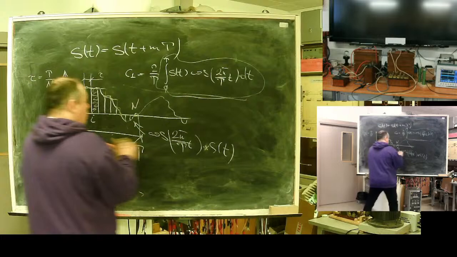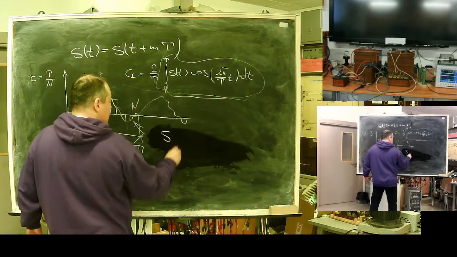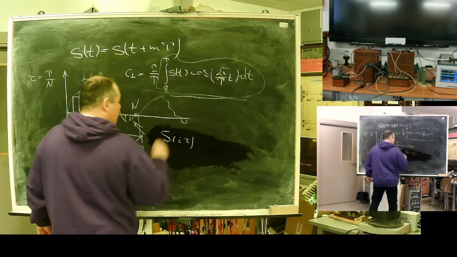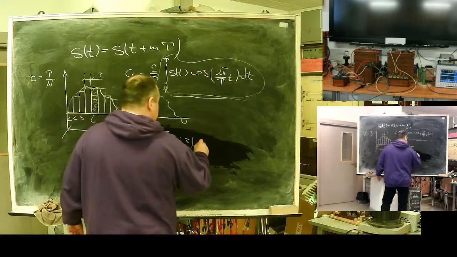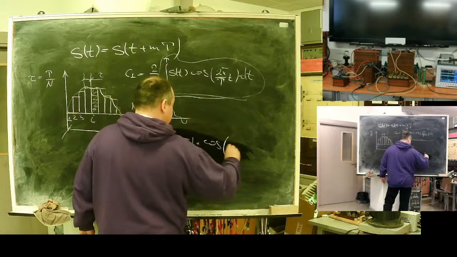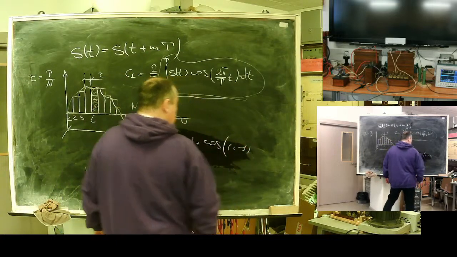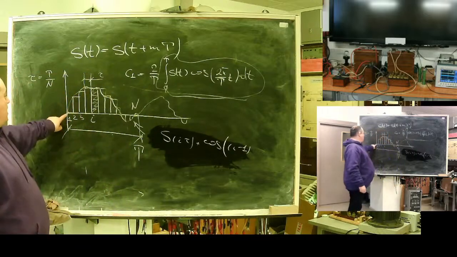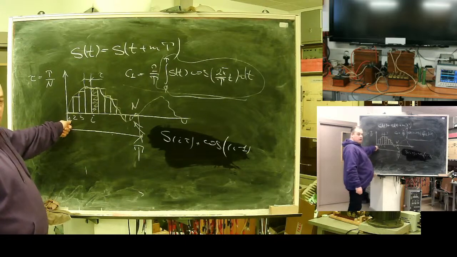will be the signal value at time i tau multiplied by cosine of, one moment, i minus 1. Why i minus 1? The angle here for cosine is 0, but the number of the point is 1.